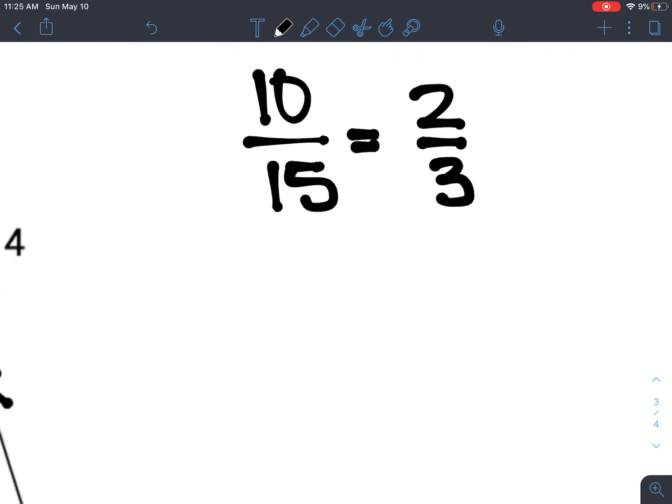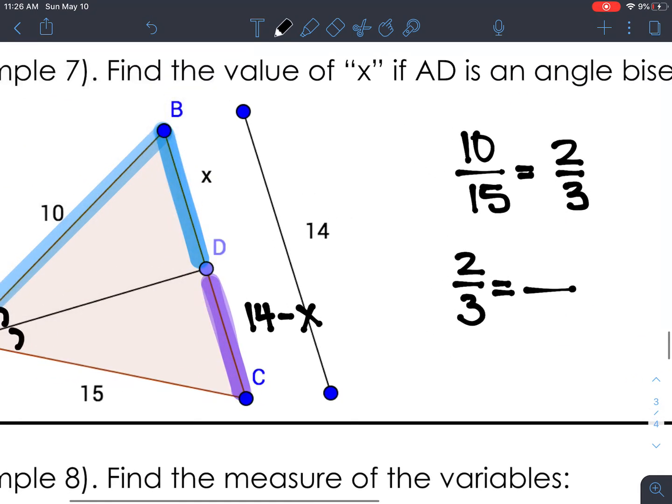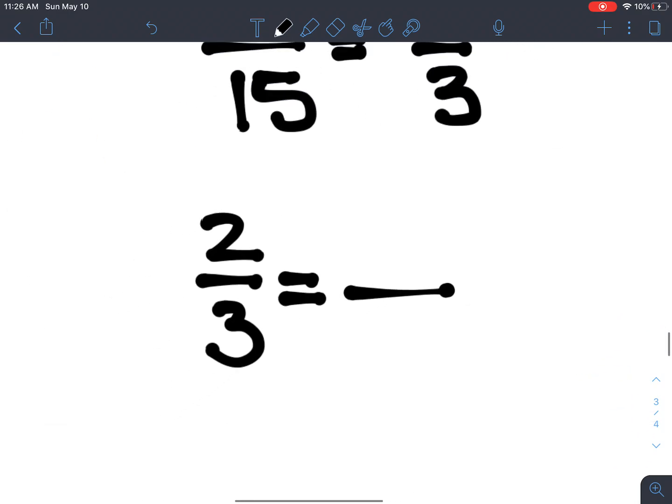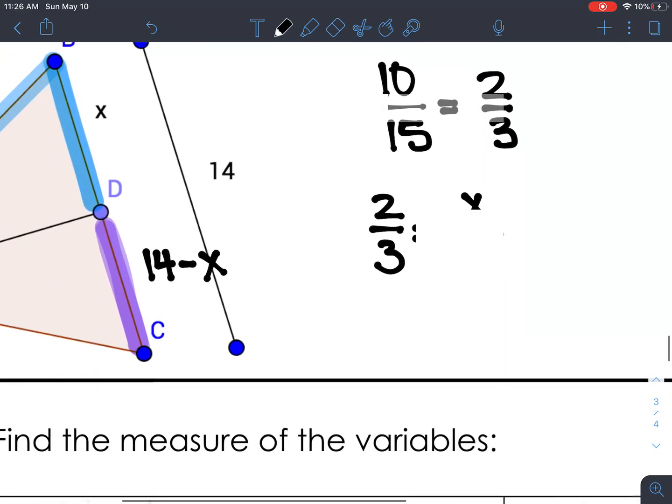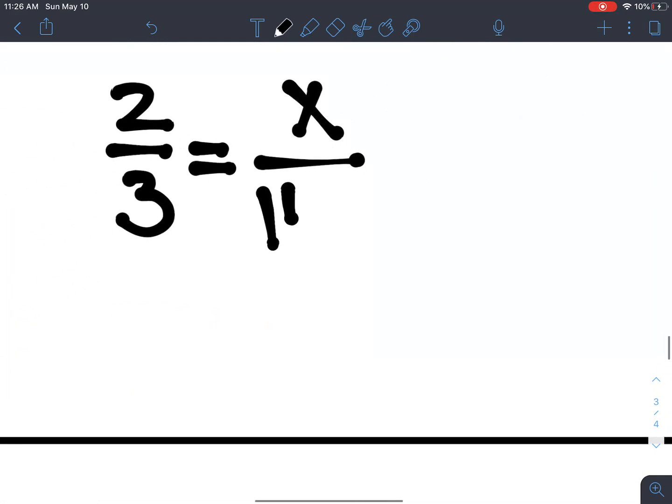So I'm going to have 2/3 as my scale factor, and now I need to set up the corresponding segments with it. Because I started with the 10, I need the segment that's adjacent to it, which is the X. And then for the 3, that's going to be the 15, which means that 14 minus X is the segment that's adjacent to that.